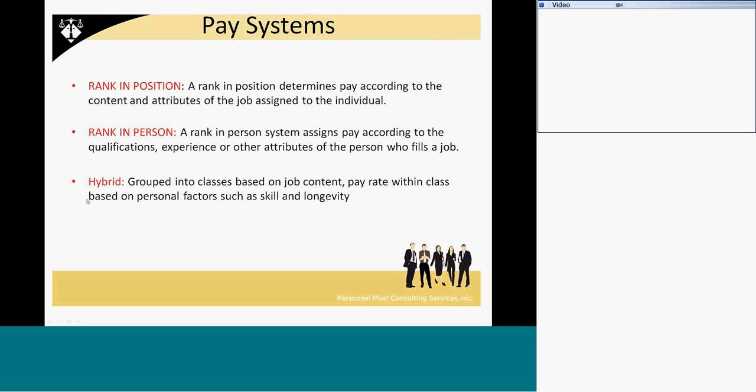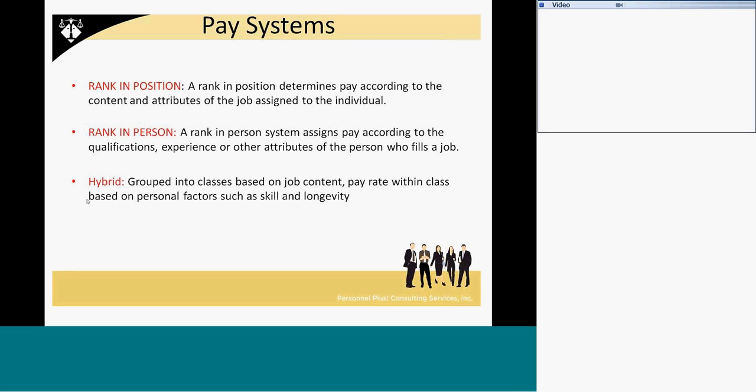which are fairly common. When you look at pay systems, you often run into probably two different kinds of pay systems, and then a third that's a hybrid of the two. One referred to as rank and position systems, and that's where you pay people according to the work that they perform, as distinguished from the qualifications of the incumbent.